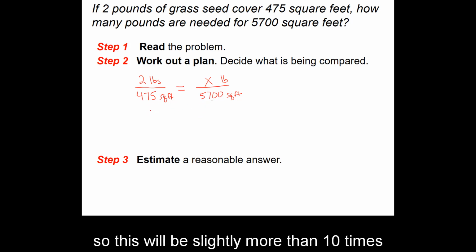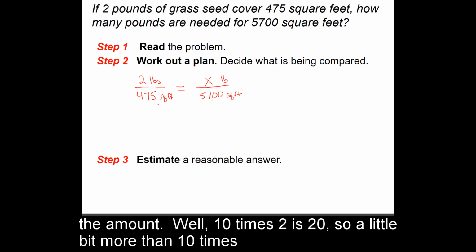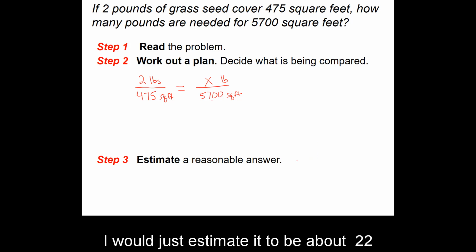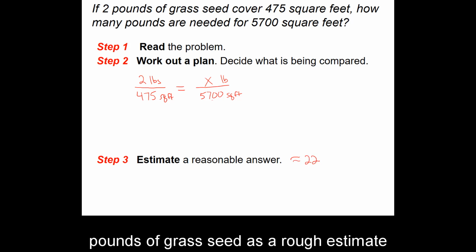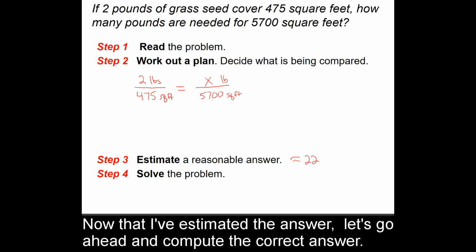So this is going to be slightly more than 10 times the amount. Well, 10 times 2 is 20, so a little bit more than 10 times. I would just estimate, and again, I'm just estimating, I'd say 22 pounds of grass seed is a rough estimate.